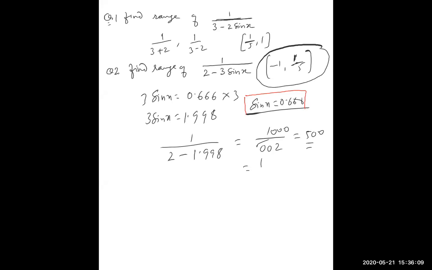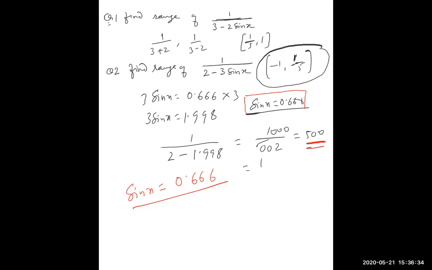See, Prakhar, I am proving it. It is more than one, still you are telling me one is the highest value. I have proved that this value can be 500 also.